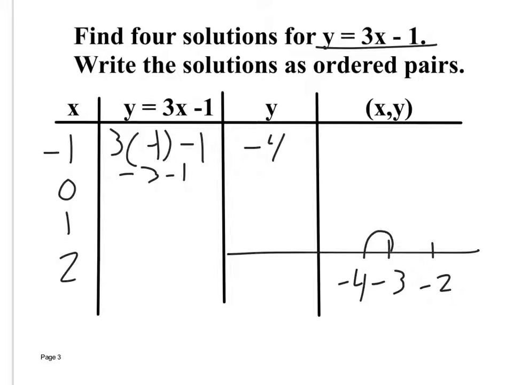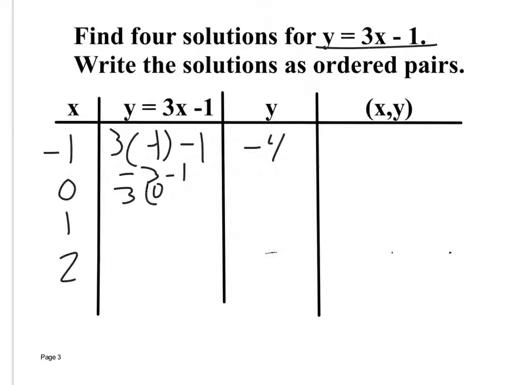That's what frustrates me. And here's why. This is what I saw just 30 seconds ago. People did 0. They plugged in 0 here. They know 3 minus 1 is 2. Well, think about it.